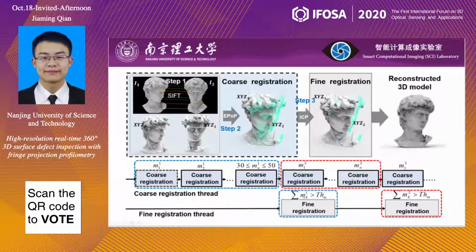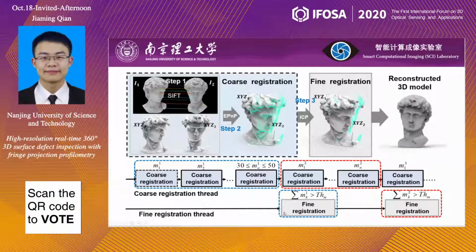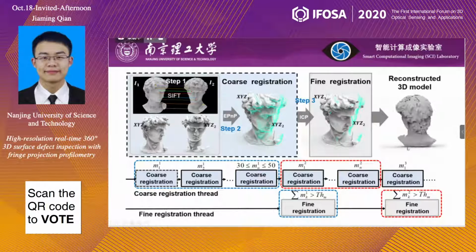If the cumulative motion value reaches a certain threshold, the fine registration is performed in this thread. Meanwhile, the coarse registration continues to be carried out. With this method, we can quickly reconstruct the complete 3D model of a standard object.